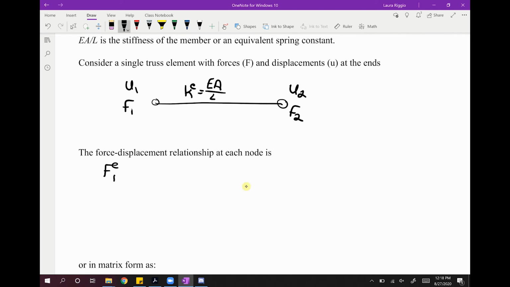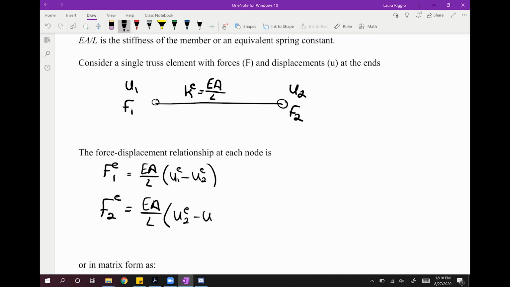So the force at node 1 is equal to EA over L times the relative displacement of the two ends. And the force at node 2, again, is equal to EA over L times the relative displacement of the two ends.